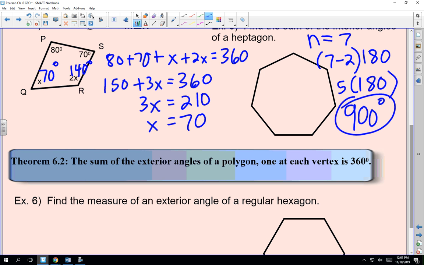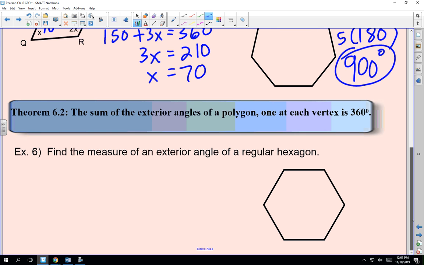Okay. The sum of the exterior angles of a polygon, one at each vertex, is always 360. It's always 360. So here's the deal. Let me show you a picture here. If I draw in all these little extensions here, picture this.